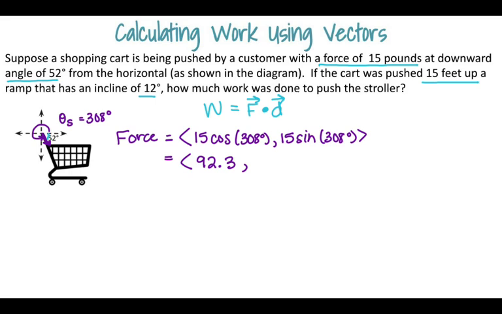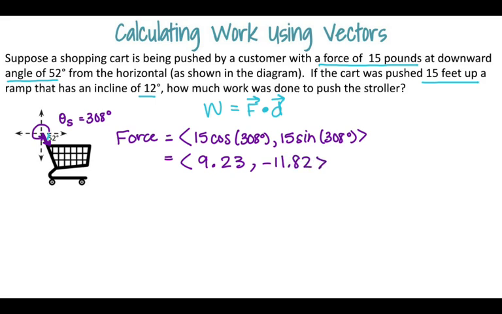92.3 and a vertical component, actually that's wrong, I typed it into my calculator wrong. I used 150 instead of 15. Let's try that again. Okay, so 15 cosine of 308 is 9.23. 15 sine of 308 is negative 11.82.